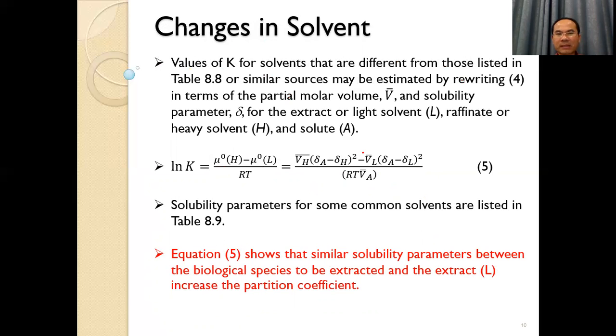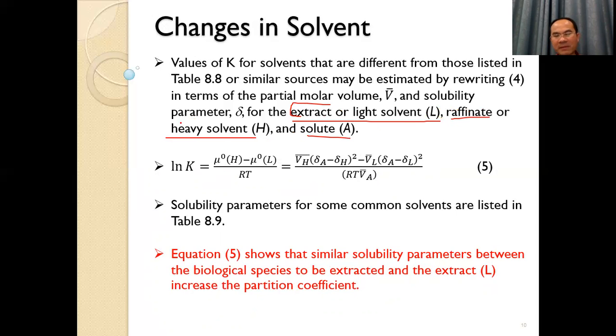The K value also can be estimated by the previous equation, and we can also express the K value in terms of molar volume and solubility parameter, for the light phase or raffinate phase. We call it the light phase or the extract phase, and the heavy phase or heavy solvent or raffinate phase, with L, S, and the solute as A for this case.